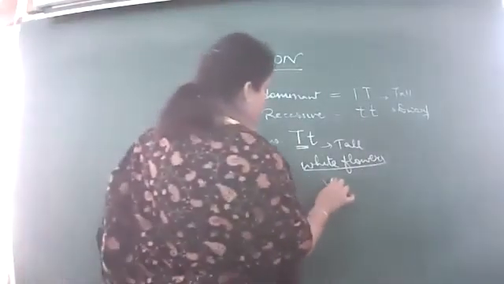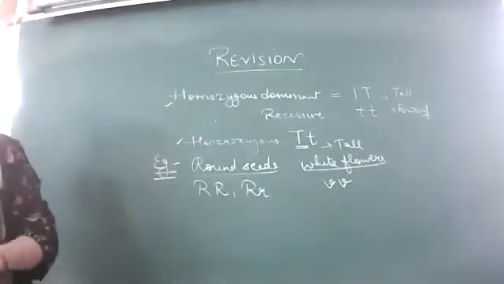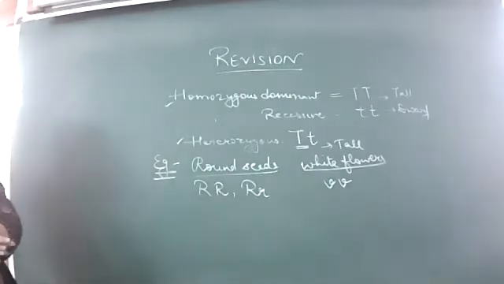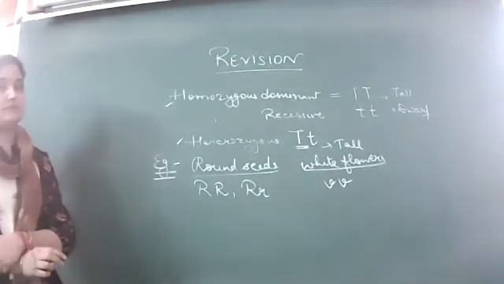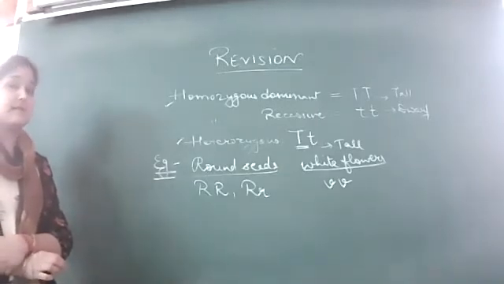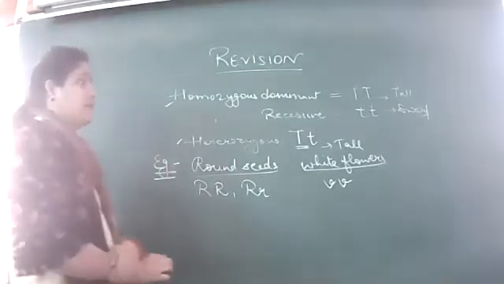Is any other possible genotype pair? No. Harshika, is there any possibility of any other genotype? No. Yes, no, ma'am. Why no? Ma'am, because only in the homozygous recessive pair do the recessive characteristics appear.